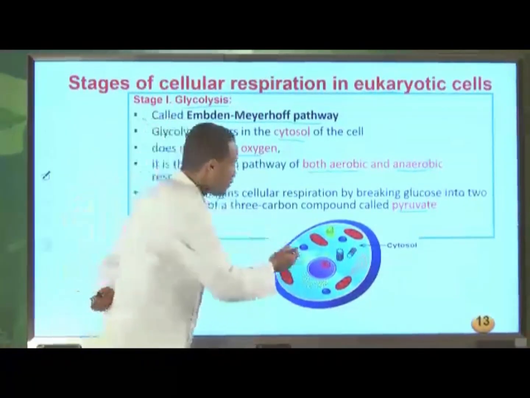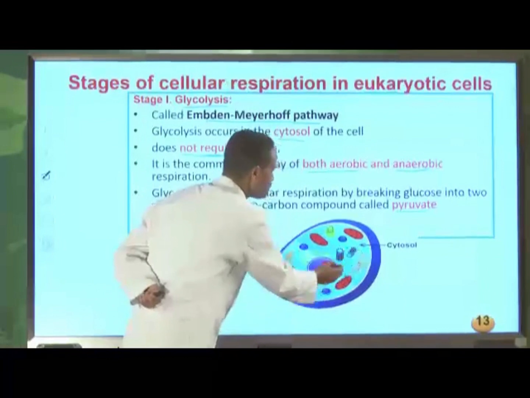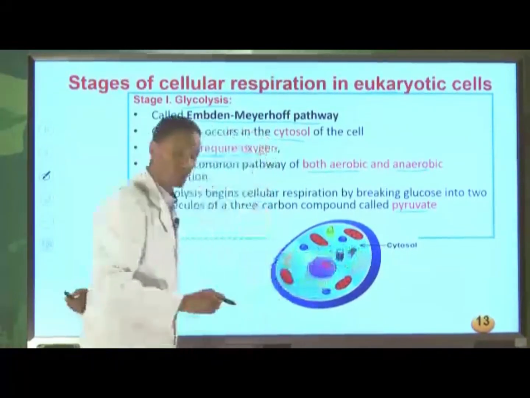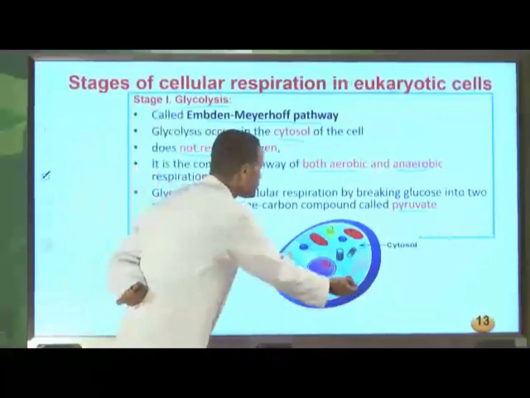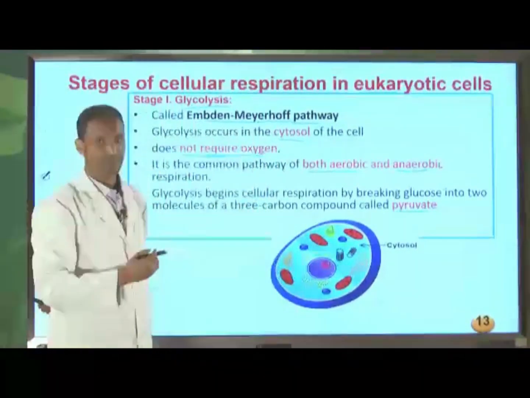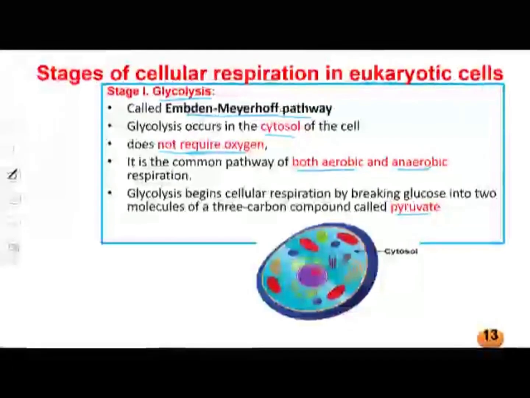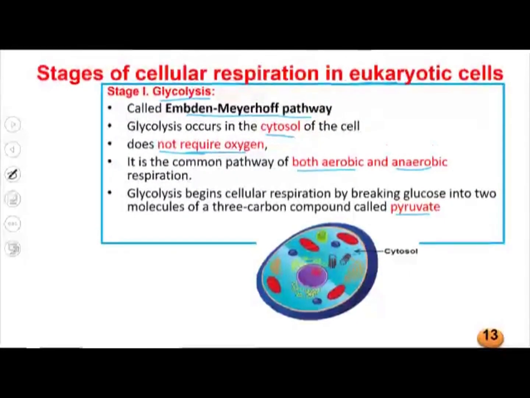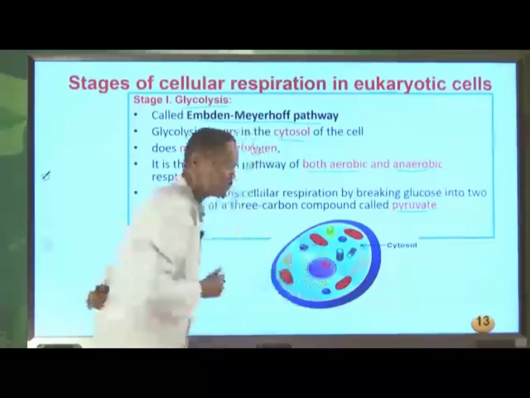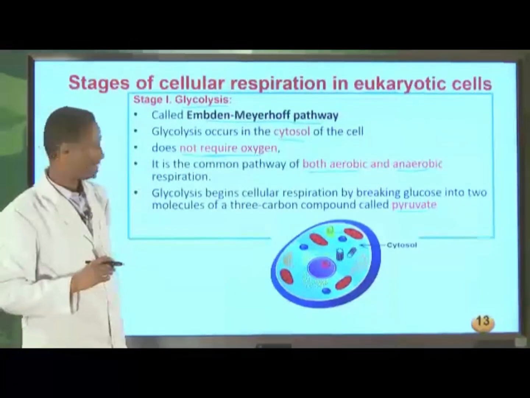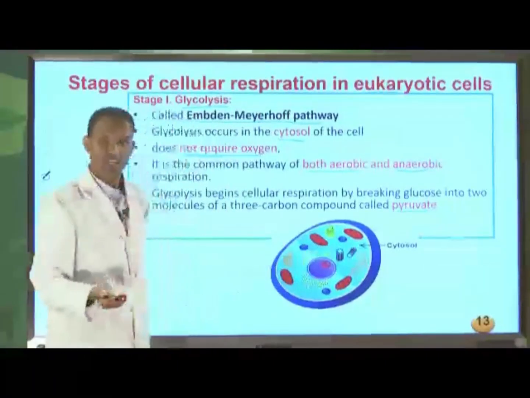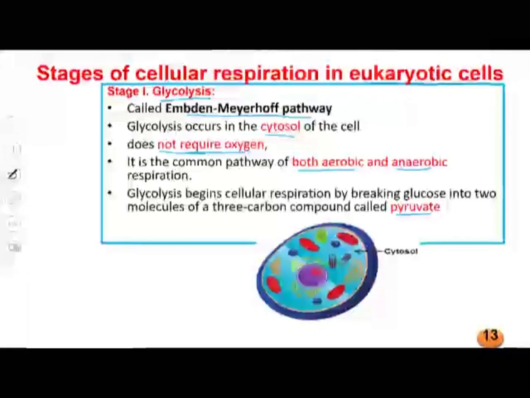A eukaryotic cell has 2 main parts: the cytosol, which is a fluid-filled portion, and different membrane-bounded organelles. The first stage of cellular respiration, glycolysis, starts in the cytosol of the cell. But other organelles, such as mitochondria, are used in other stages of cellular respiration.